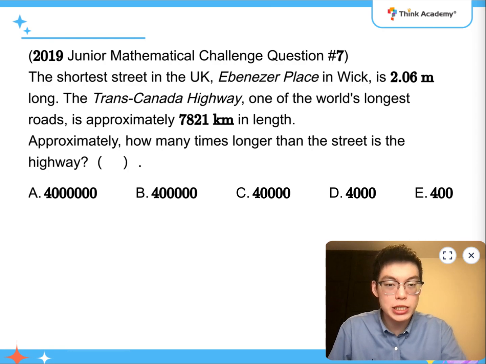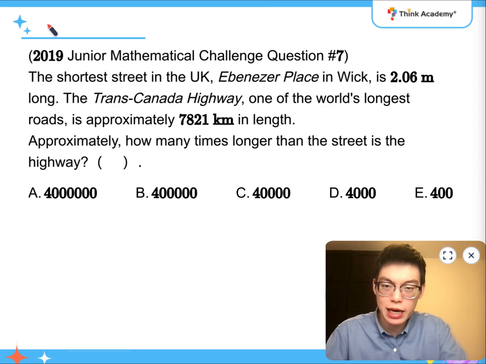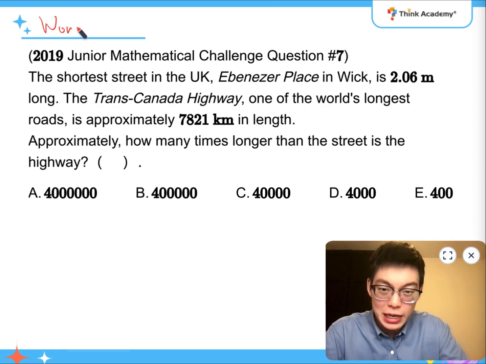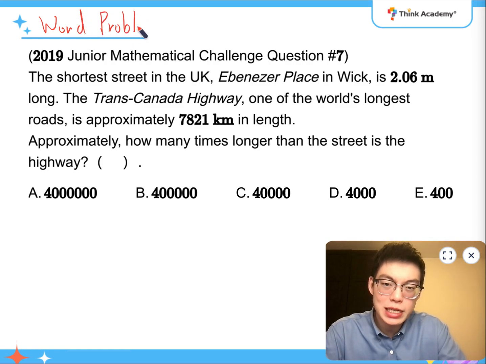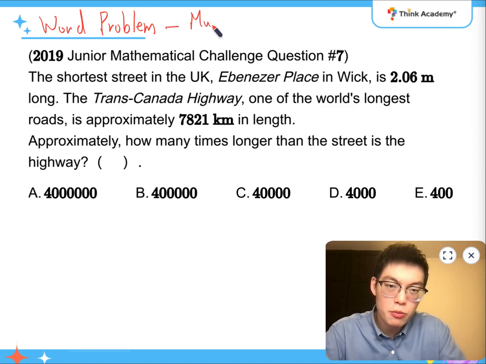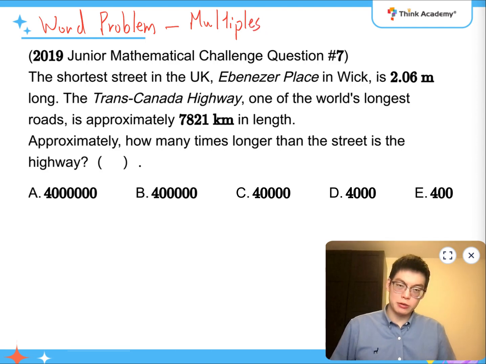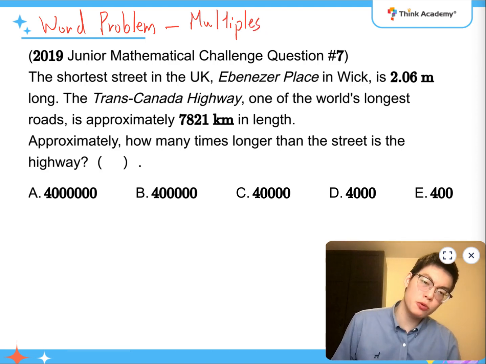And for question 7, it is again a word problem. It is kind of wordy, but basically all we need to do here is extremely simple. It is a word problem on multiples, so questions related to multiples.